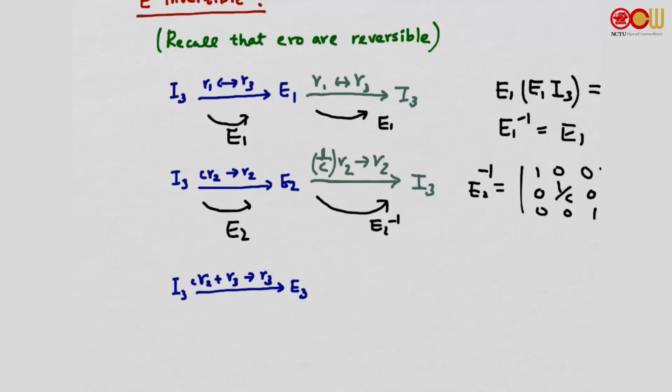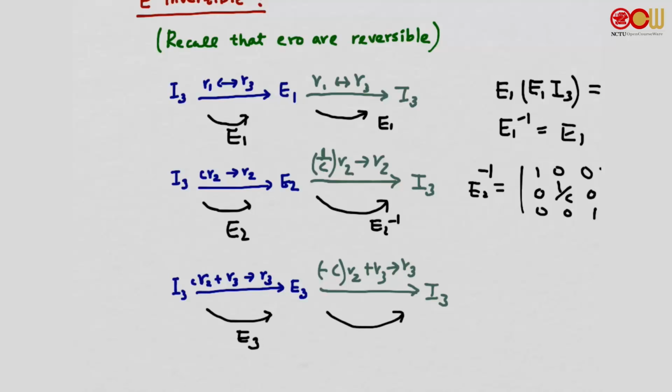Now, the last one, row addition. We add C times row 2 to row 3. If we want to get back the identity matrix, we can simply subtract it. We add minus C times row 2 to row 3.